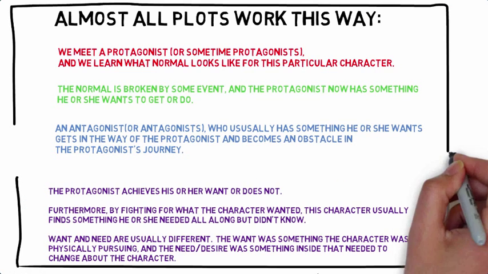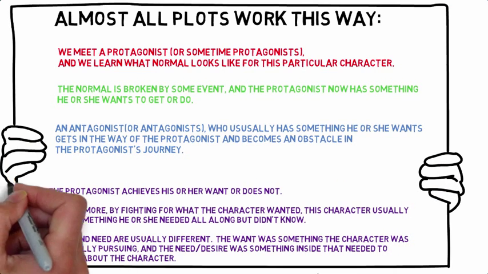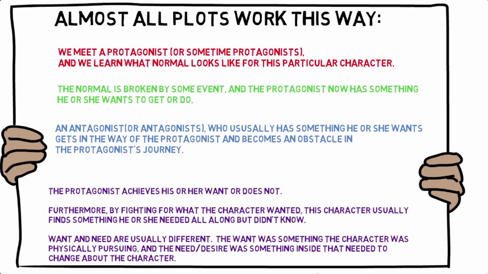Let's review. Almost all plots work this way. We meet a protagonist, or sometimes protagonists, and we learn what normal looks like for this particular character. The normal is broken by some event, and the protagonist now has something he or she wants to get or do. An antagonist, or antagonists, who usually have something they want, get in the way of the protagonist and become an obstacle in the protagonist's journey.